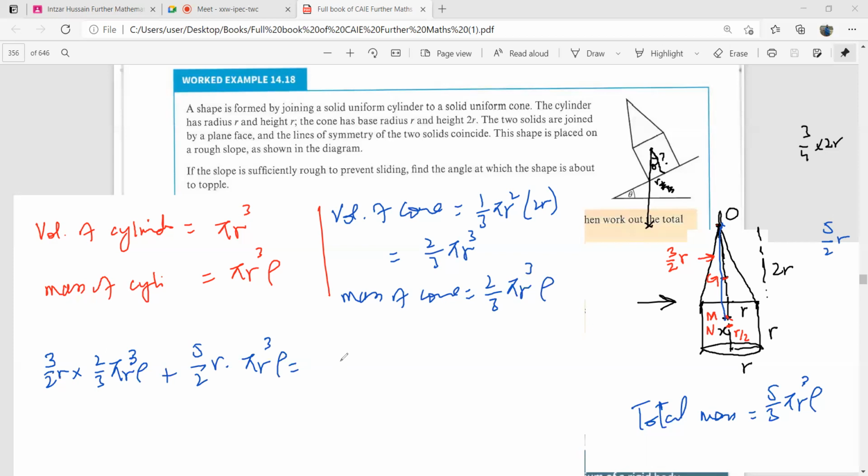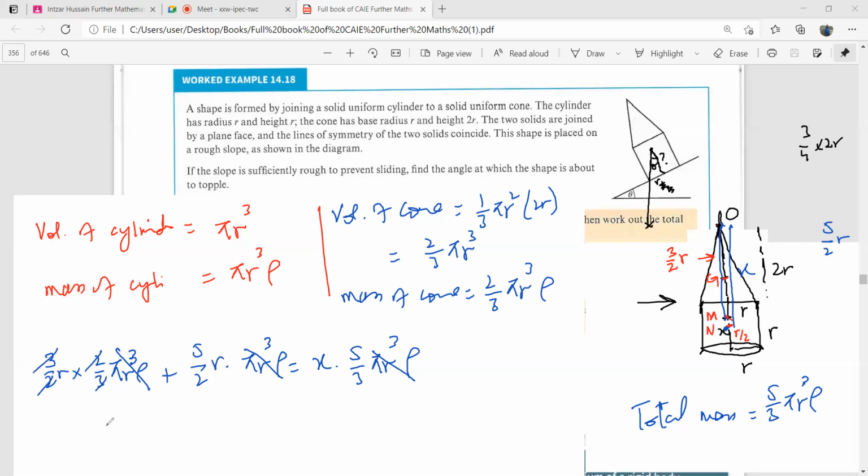Now I want to find this x. Let me keep this distance x over here. So that is going to be x into 5 over 3 pi r cube rho. The pi r cube rho cancels out everywhere.